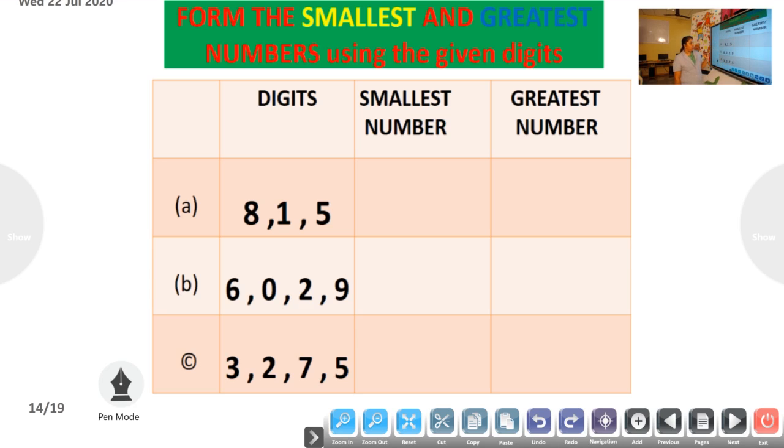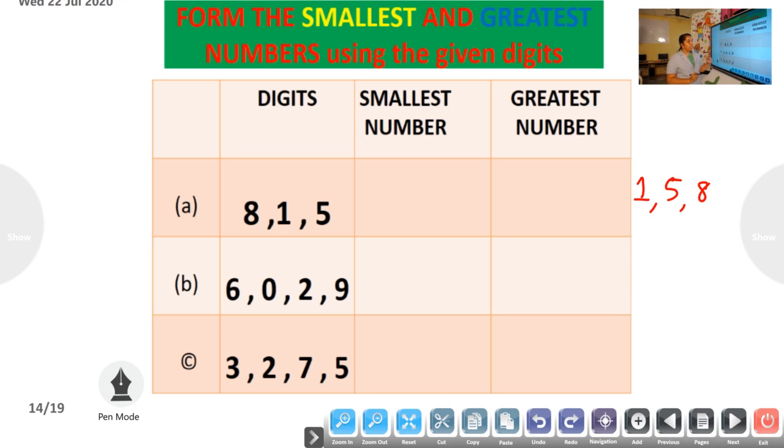So for the smallest number, you have to arrange the given digits in ascending order. Is it clear? What is the first step? You have to write the given digits in ascending order. What do you mean by ascending order? Yes, ascending order, smallest to big. So which is the smallest number here? So 1 is the smallest, very good. Then the next smaller is 5. Then the largest is 8.